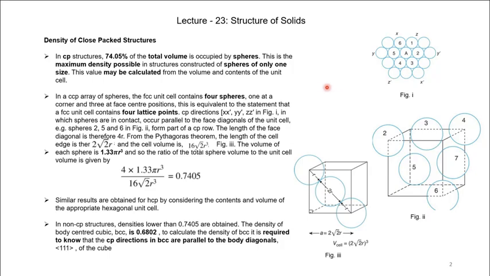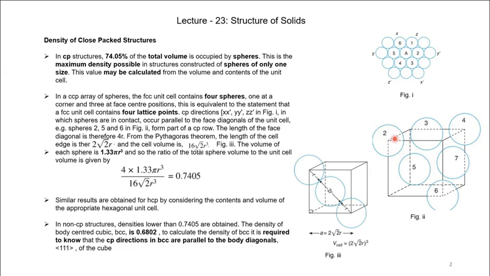As I said, we first have to say that the spheres are all the same size, not different sizes. Then we know that in a cubic close-packed array, the face-centered cubic unit cell has only 4 spheres.